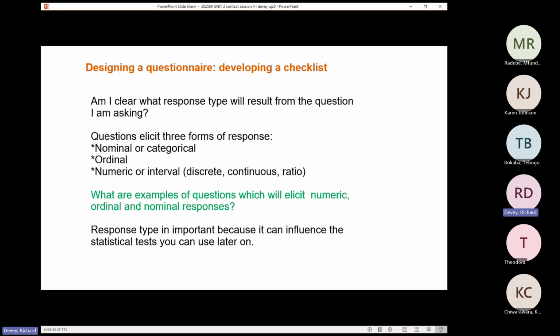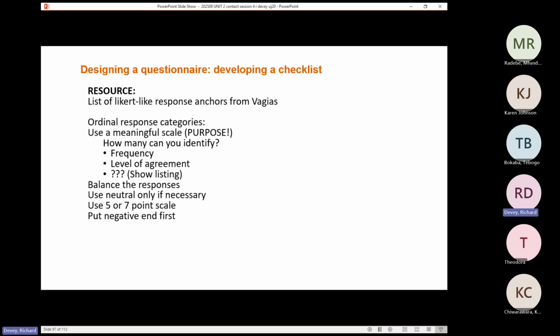We can measure frequency, like never, rarely, sometimes, often, always. We can measure quality, very poor through to excellent. So there are a lot of different dimensions we can measure using ordinal questions. The slide just highlights that, and I'll send you a 2-page document which shows you the kinds of response options that you can use for ordinal questions, and it's quite interesting to see what kinds of things you can measure.